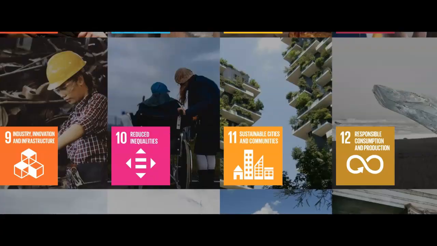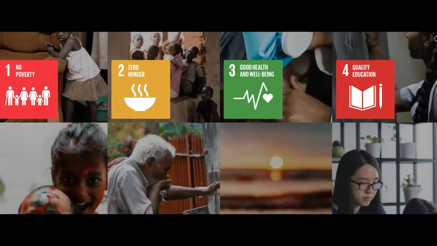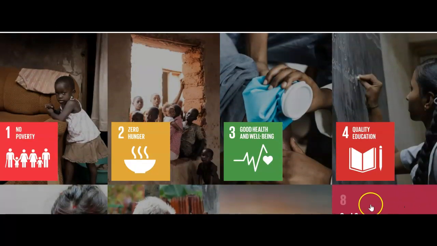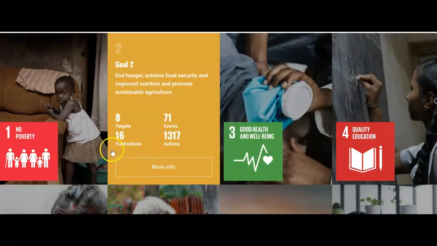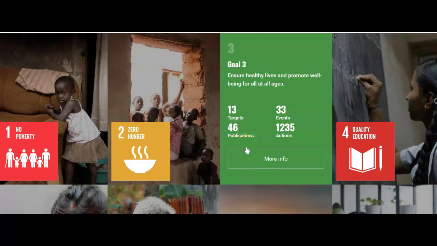The 17th is down there. Then let's just go to good health and well-being. When I put my cursor over good health and well-being, it says goal number 3, ensure healthy lives and promote well-being for all at all ages. So this is every human that resides on our planet.